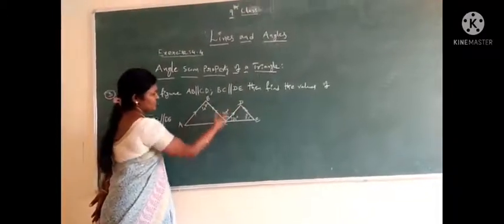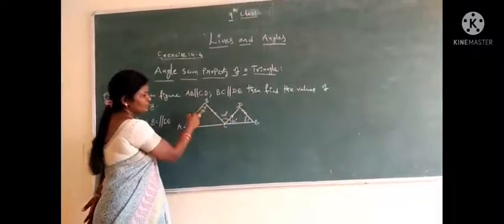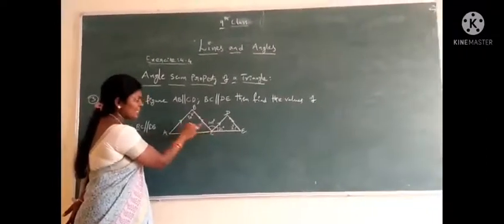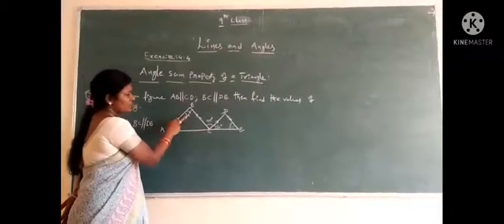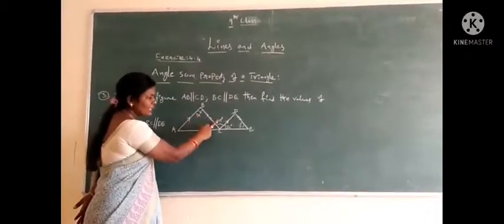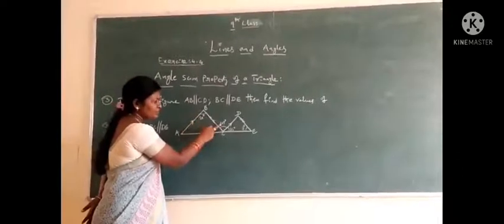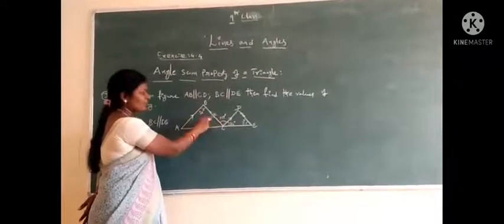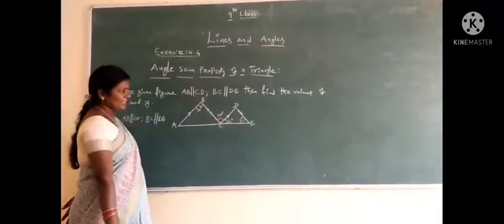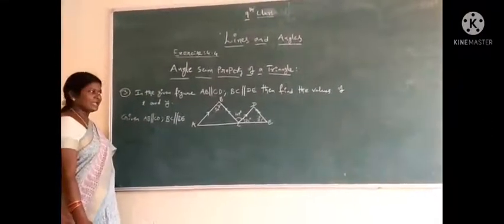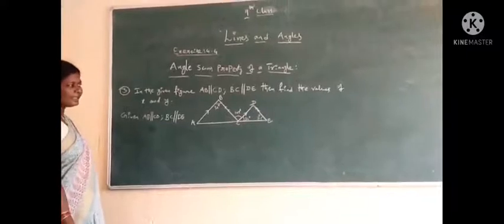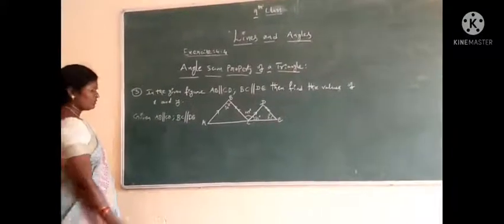AB and CD, these two lines are parallel lines and BC is the transversal. So, 3x degrees and 105 degrees, these two angles are alternate interior angles. Alternate interior angles are equal.